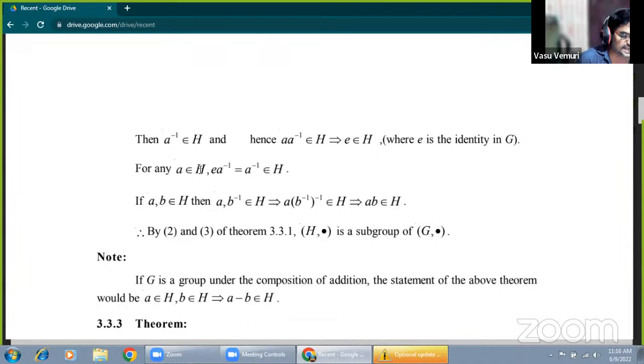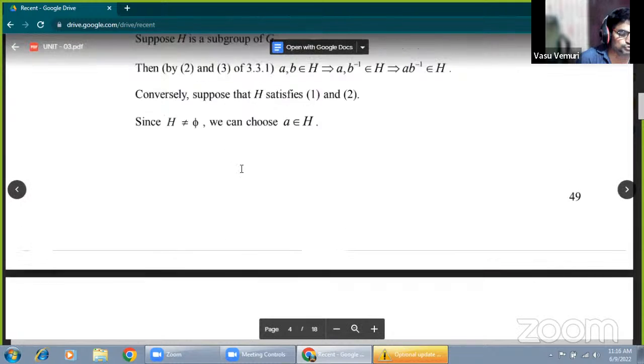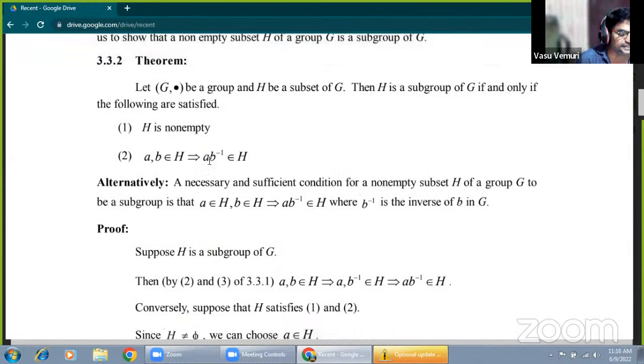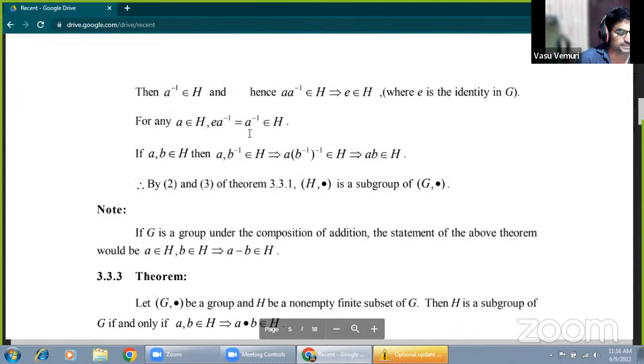Therefore, A belongs to H, E belongs to H. Now using this condition, E belongs to H, A belongs to H means E into A inverse belongs to H. Therefore, every element has its inverse element.